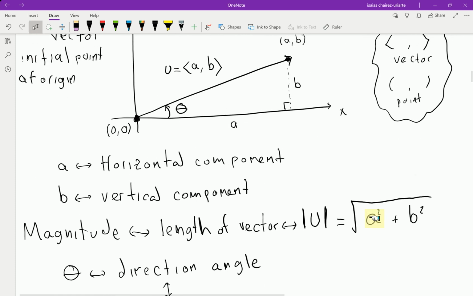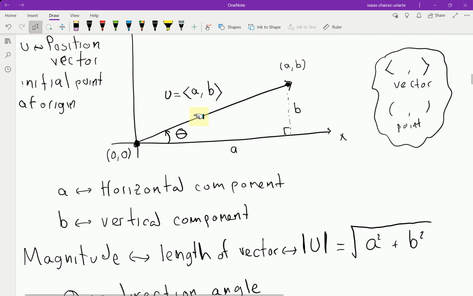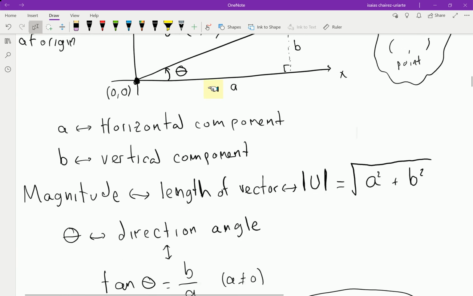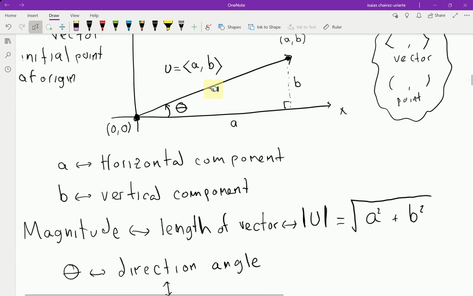Alright, let's recap this real quick. We have u in position. This is a position vector. a is its horizontal component. b is its vertical component. The magnitude of this vector, remember the magnitude is this absolute value.